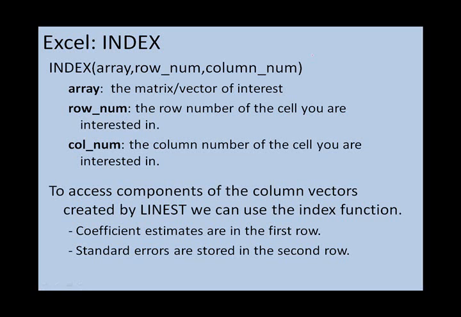To do that, we use the INDEX function. And the first argument for the INDEX function is array, which means you have to tell Excel where is the vector or the matrix that you want it to look at. And then you have to tell Excel which row number you want to go to and which column number you want to go to.